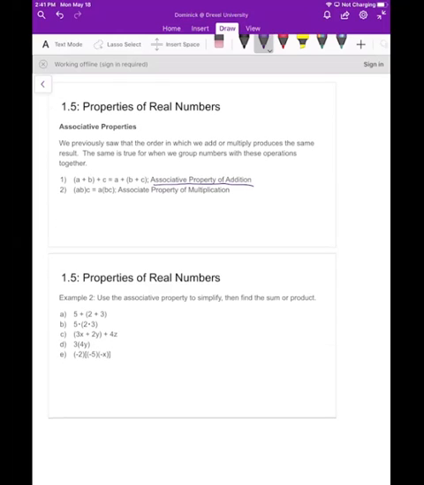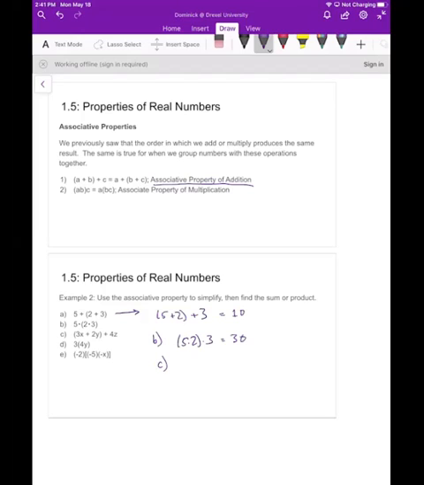So for example, if you wanted to write this in another way, you could say this is also 5 plus 2 plus 3, but whichever way you do it, you're going to end up with 10. For part B, you could also say this is 5 times 2 times 3, but whichever way you do it, you're going to end up with 30.